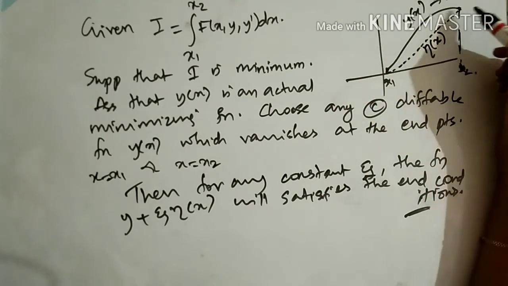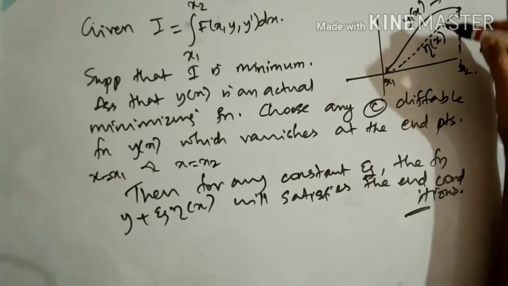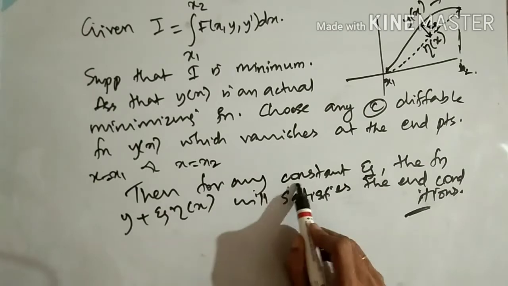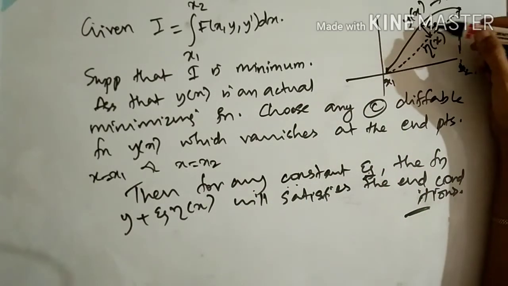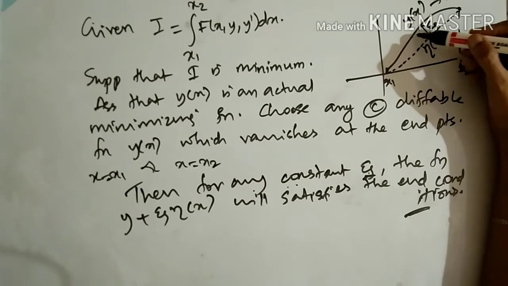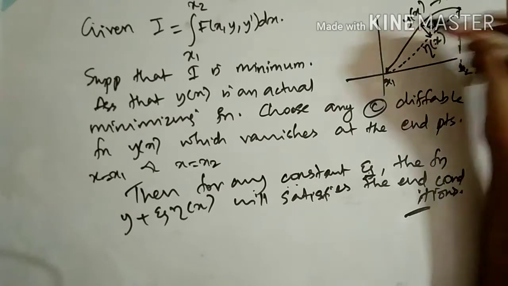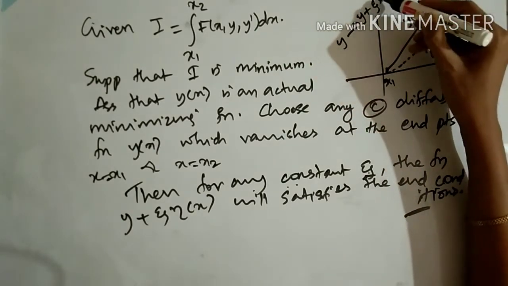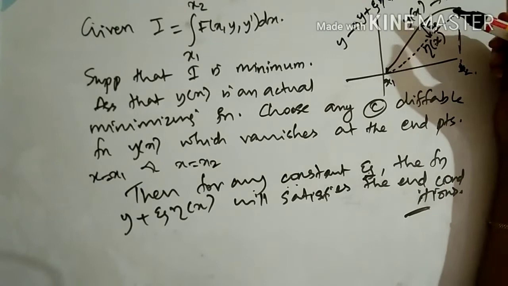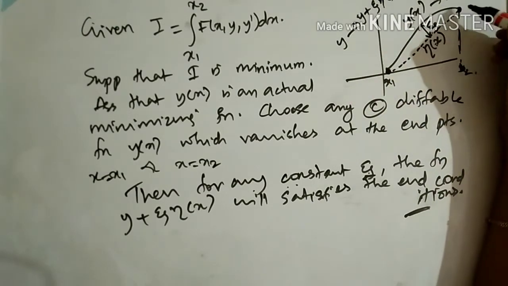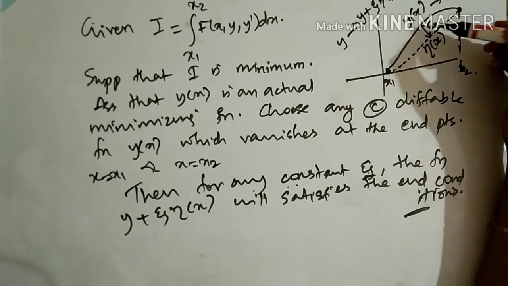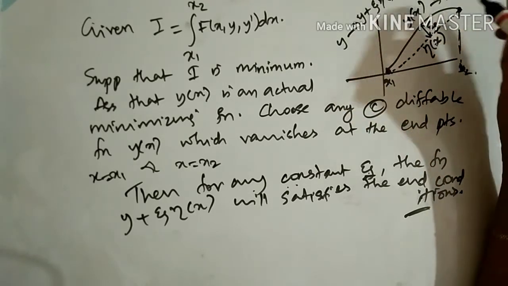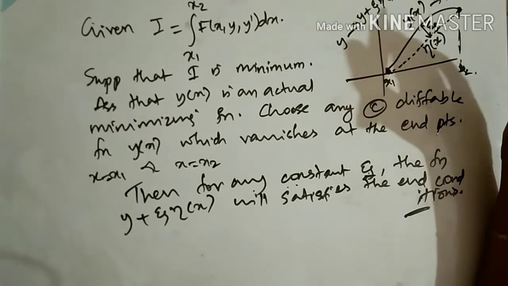The difference between these two is psi eta(x). So y is replaced by y plus psi eta(x) with a constant psi. But at the end points, remember that eta is equal to 0, while elsewhere it is multiplied by the constant psi.